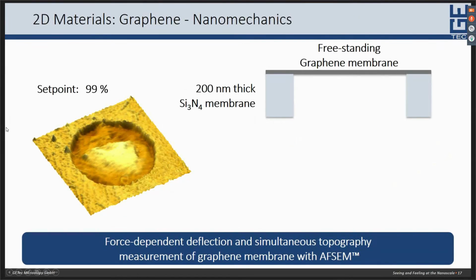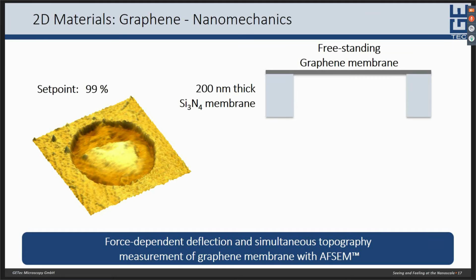AFSEM applications. On suspended 2D materials, such as graphene, the AFSEM enables our customers to analyze mechanical deformations of the membrane induced by the AFM tip which interacts with the sample.